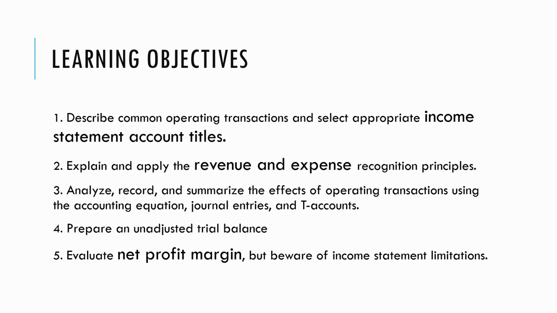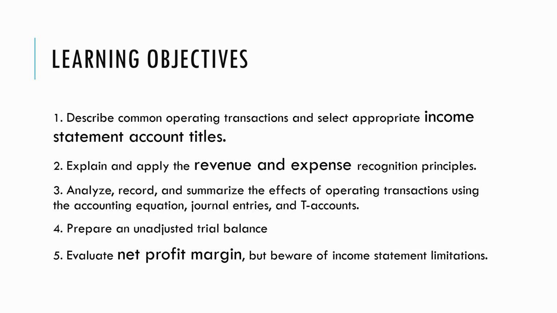In the first learning objective, we talked about what operating transactions were and how these things show up on the income statement. Under various categories, we have revenues and we have expenses. And generally, we have to incur the expenses in order to generate the revenue.